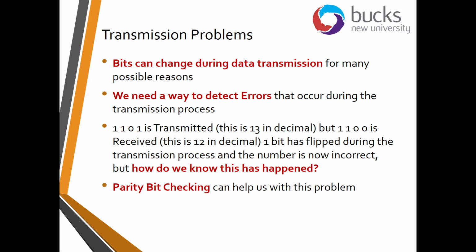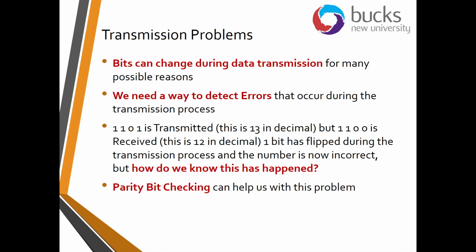Or we might get the same sort of interference within radio signals, caused by any form of electromagnetic radiation or interference as the radio signal travels through materials. And again, this might lead to a bit within the signal being changed from a 0 to a 1 or 1 to a 0.